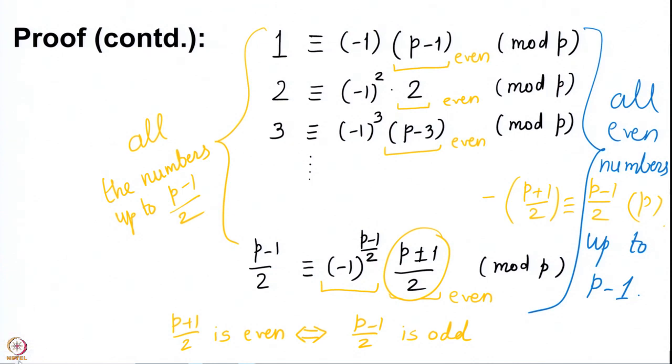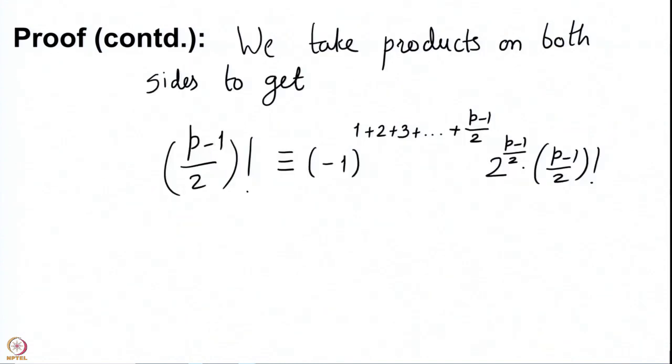So, the product on the right hand side of all even numbers, these are given by 2 times i, where you have i up to (p minus 1)/2, and of course the value for i will start from 1 and it will go up to (p minus 1)/2.